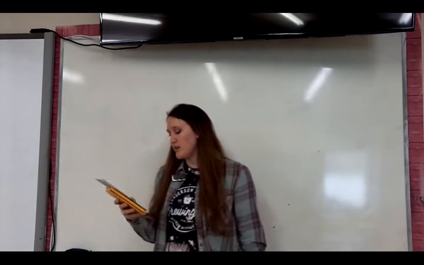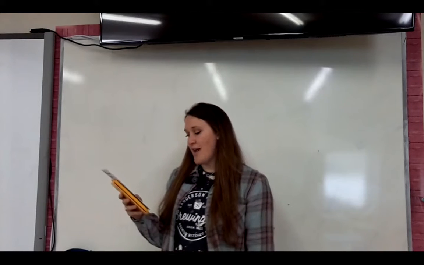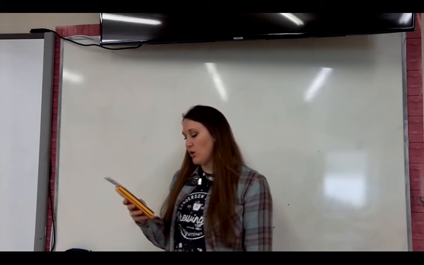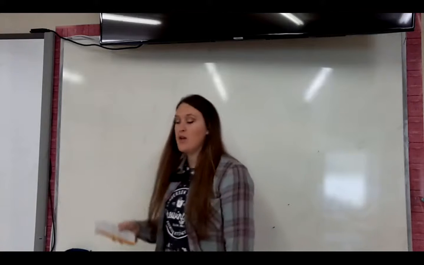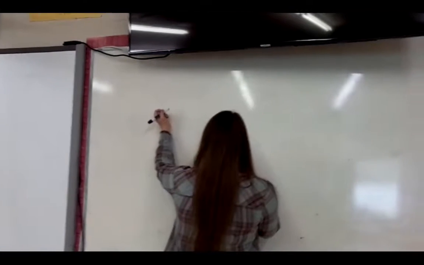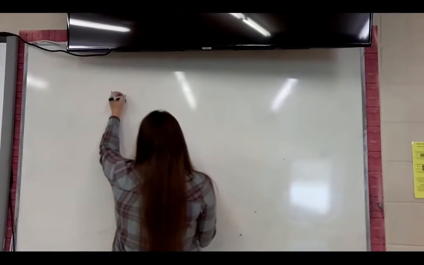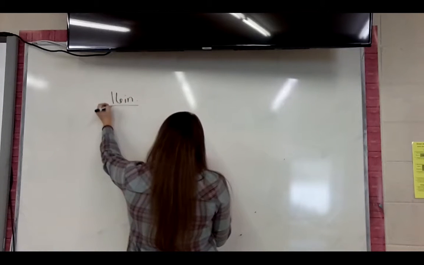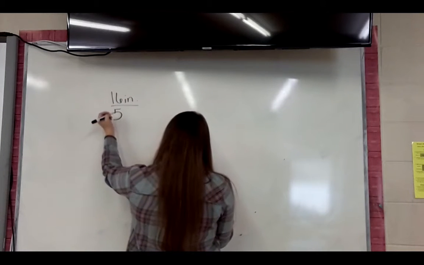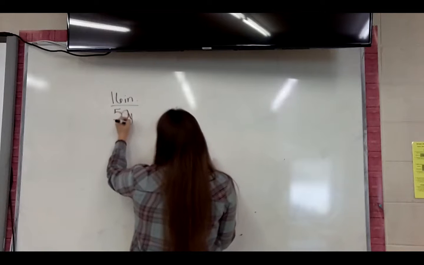So on 1B, it says the length of the model of a bridge is 16 inches. The actual length of the bridge is 50 yards. What is the scale of the model? So we have that on the model, 16 inches. The actual length is 50 yards.